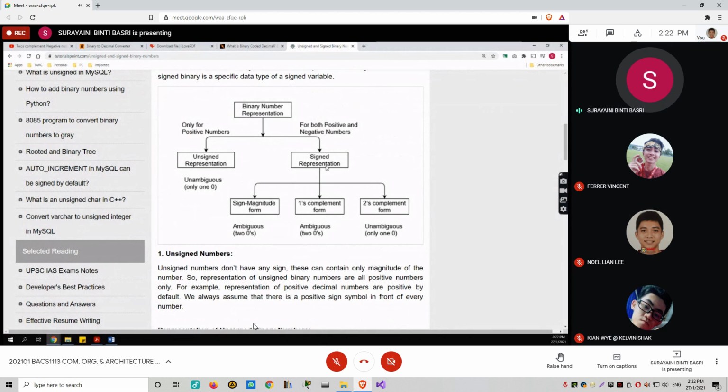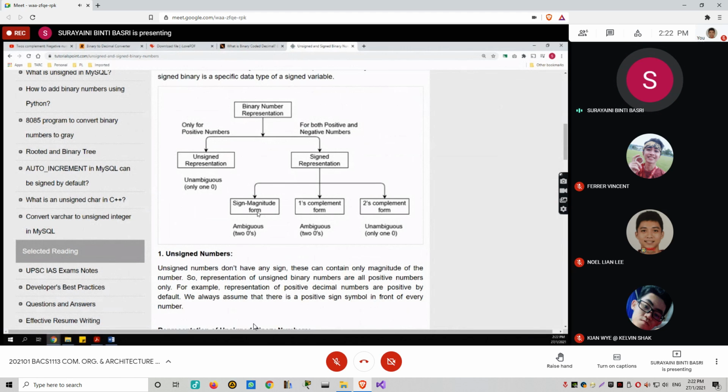In this chapter, we are learning how the computer will interpret or represent all of these numbers in binary, because the computer only knows two numbers, 1 and 0. So how will the computer convert all the negative values to 0 and 1? There are three ways. The first way is sign magnitude form.